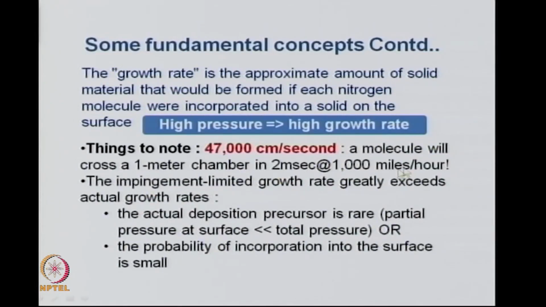That is a speed of around 1000 miles per hour. If you change the units from 47,000 centimeters per second to miles per hour, you will get a speed of around 1000 miles per hour.